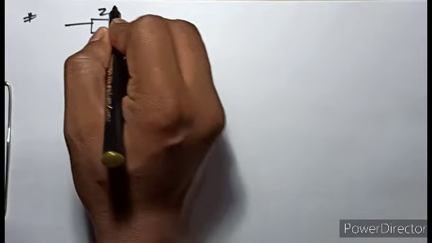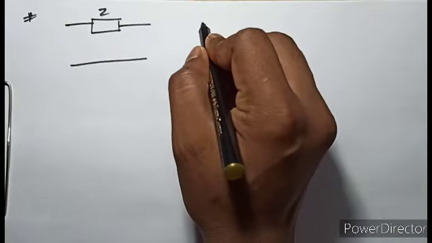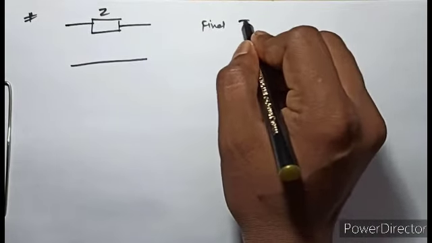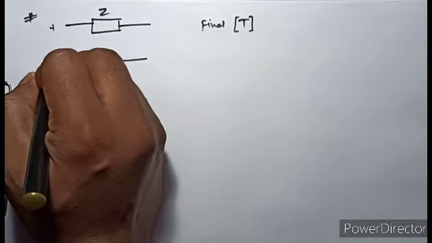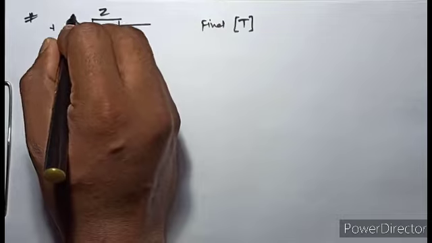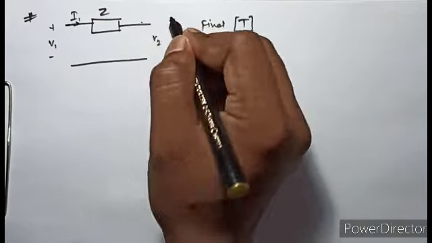Consider there is an impedance Z. Only this is a network and it is asked to find the T parameter. This is our port 1 and this is our port 2.